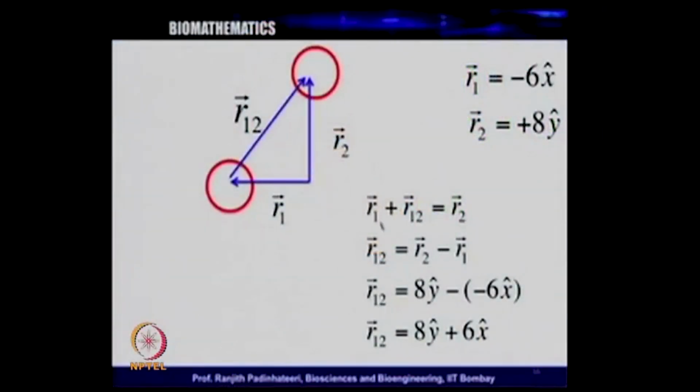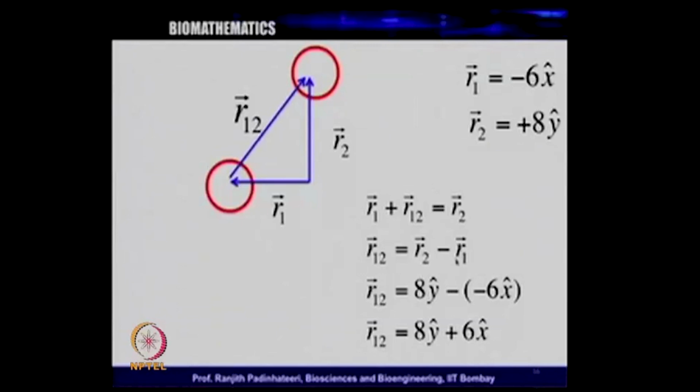So, once we know this R12, from this equation we can calculate R12. I can say R12 is R2 minus R1, and we know that R2 is 8y and R1 is minus 6x.